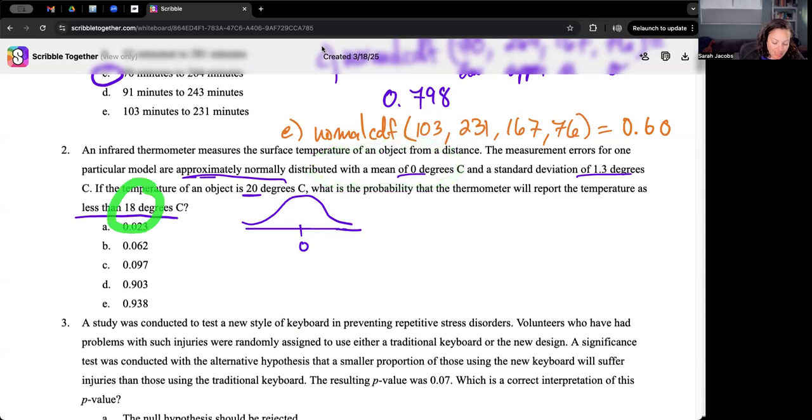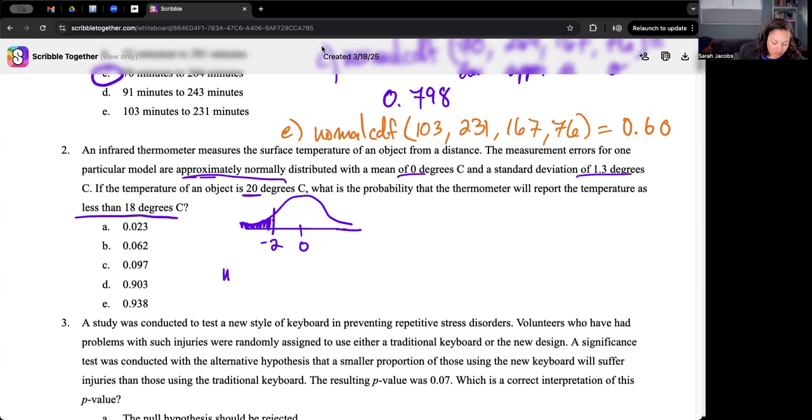And 18 degrees is 2 below 20 degrees. I would need my error to be 2 below. So if I got the average error, I would get 0. But in order to get 18 or less than 18, I would need an error of 2 degrees below or more.